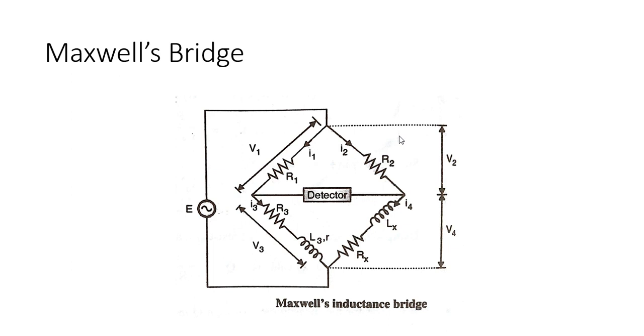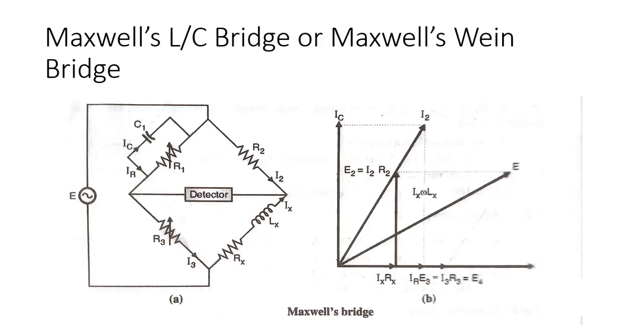If you do some modification in Maxwell's bridge, you get Maxwell's LC bridge, which is called Maxwell's Wien bridge. Wien bridge is similar to this, because some part of it is added over here, that we will see in the next lecture.